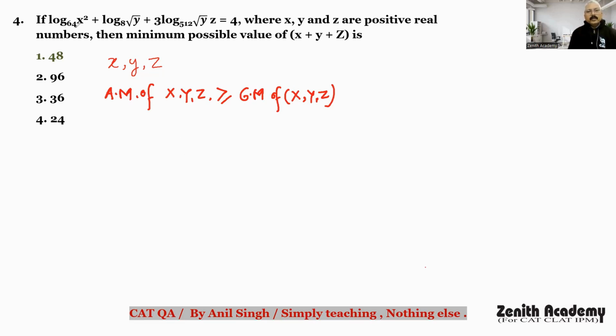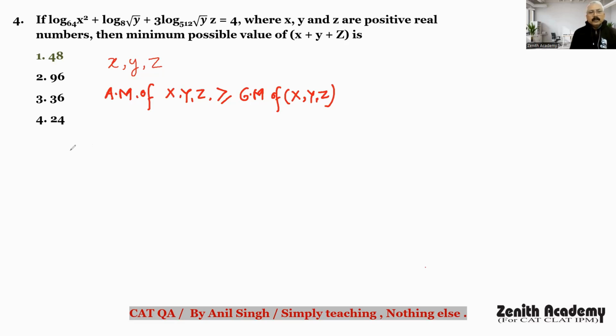Here log of x square base 64, base 8, base 512, can be converted into base 2. Okay. So if we take log of x square base 64, 64 can be written as 2 to the power 6.